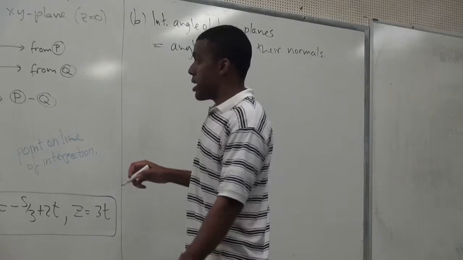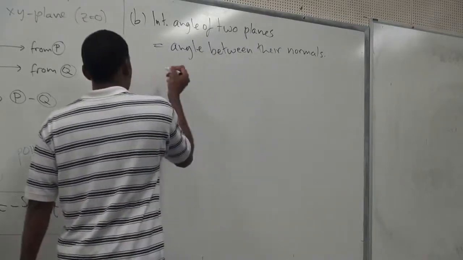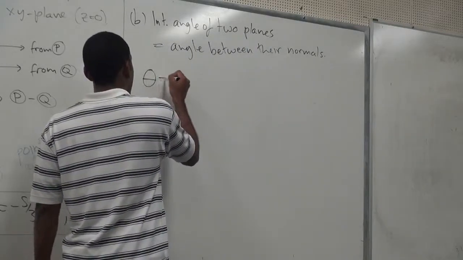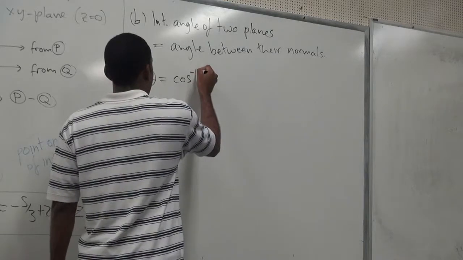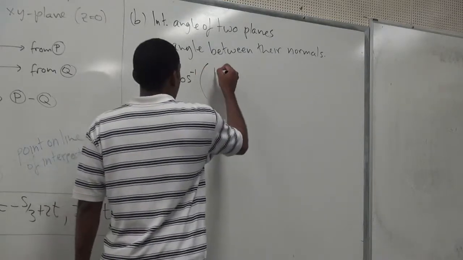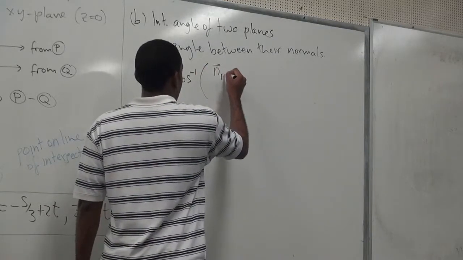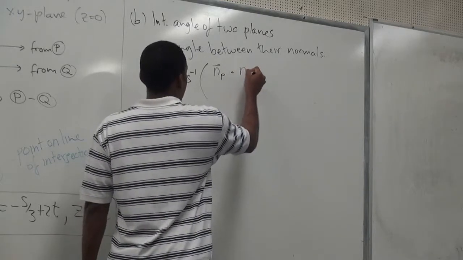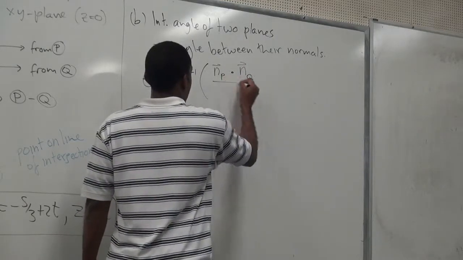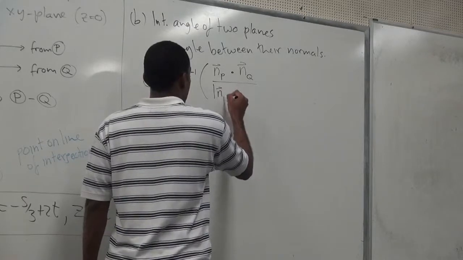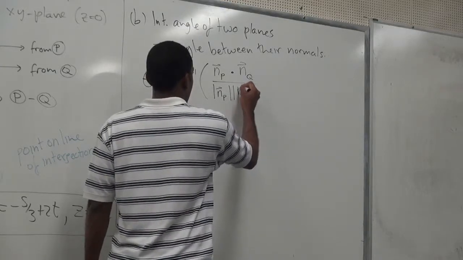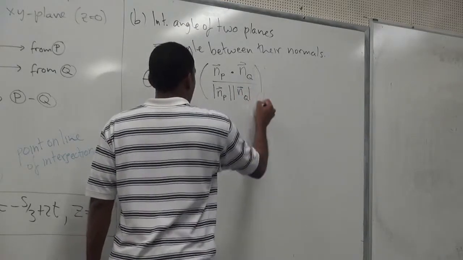Right? And we know how to find that angle. Theta would be cosine inverse of the normal for one, dot product with the normal for the other one, divided by the magnitude of the normals.